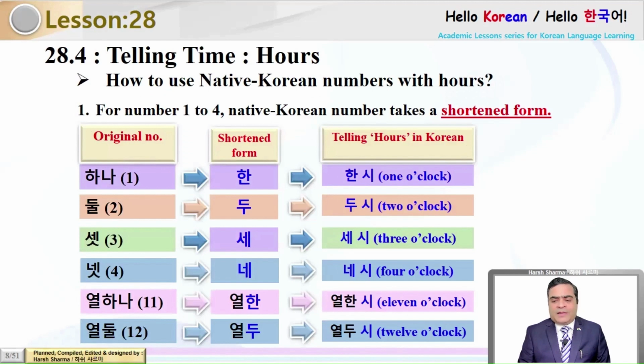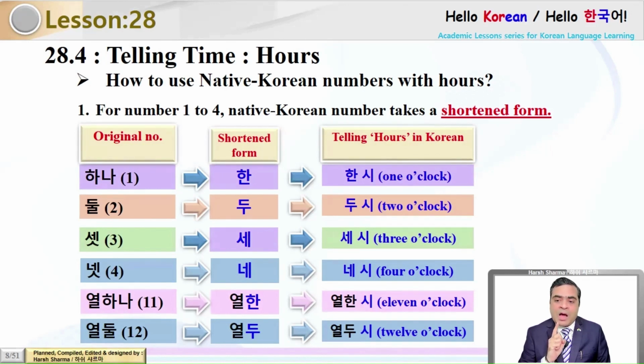Now coming to the practical usage of native Korean numbers for telling the time. First, we have to check this point here. This is very important. From number 1 to number 4, native Korean numbers take a shortened form for telling time. Original number 1 is 하나.